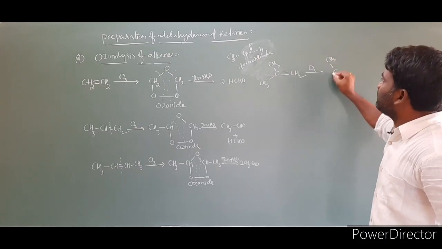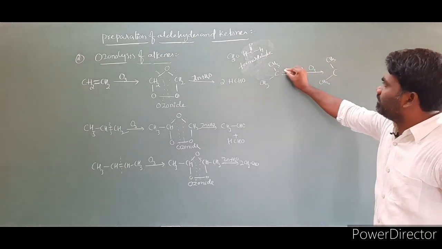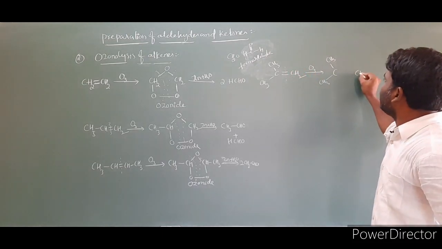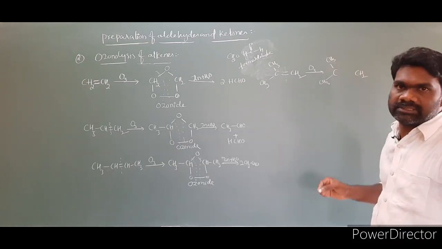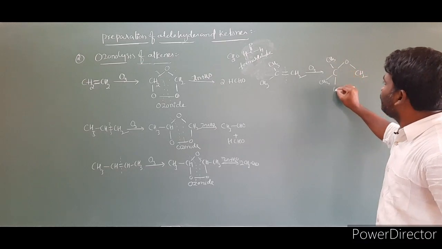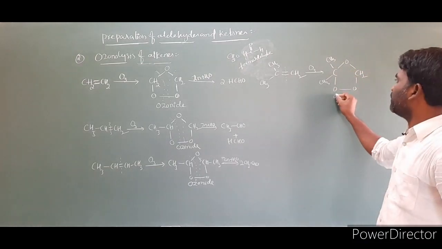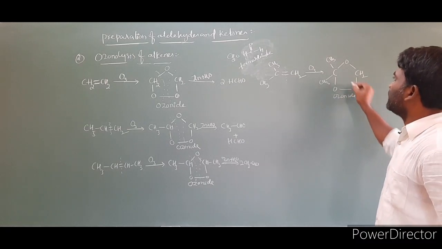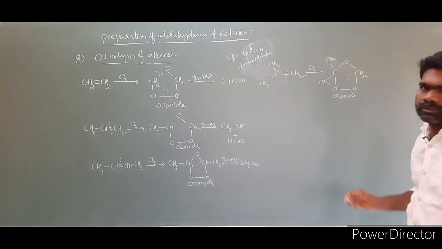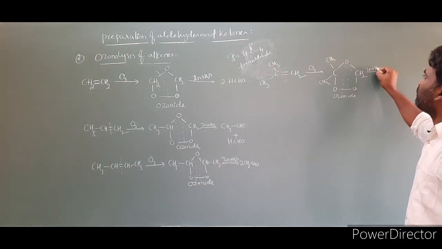The CH3 groups remain the same, and we break this double bond. Then we get CH2 here, and we join it with the oxygens of the ozone molecule. This is the ozonide formed. Break the ozonide, then treat with Zn plus H2O.